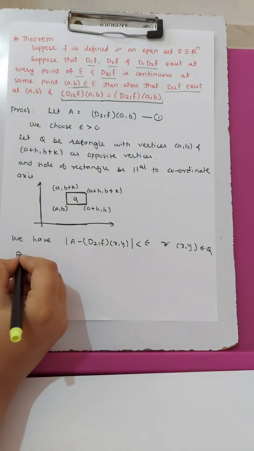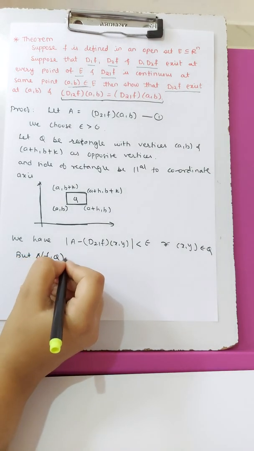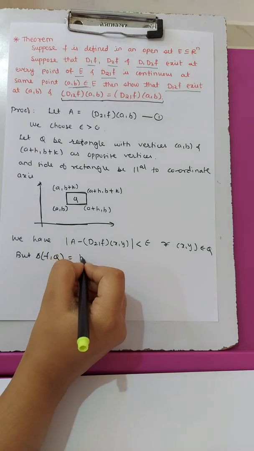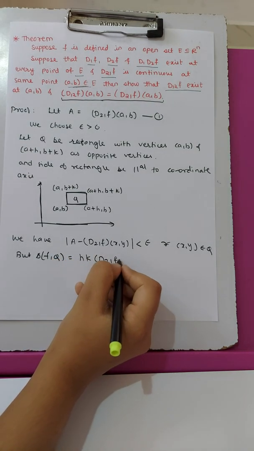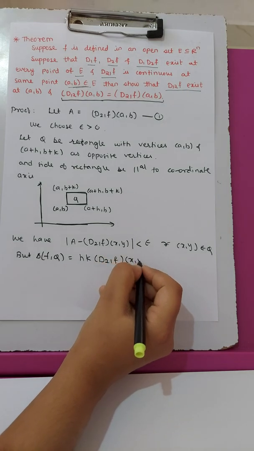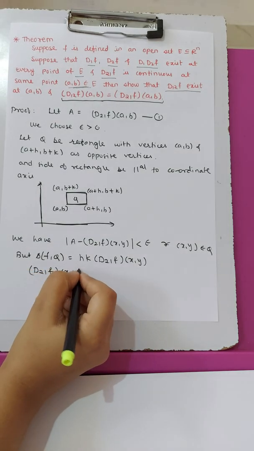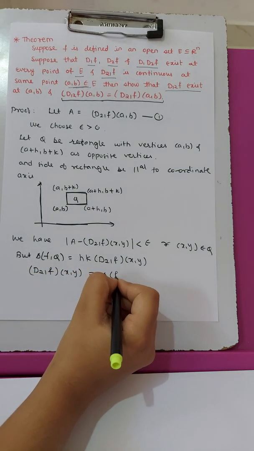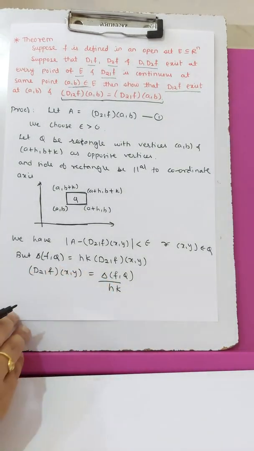But from the previous theorem we have delta(f, Q) is equal to hk d21f(x, y). So from this, d21f(x, y) is equal to delta(f, Q) upon hk.